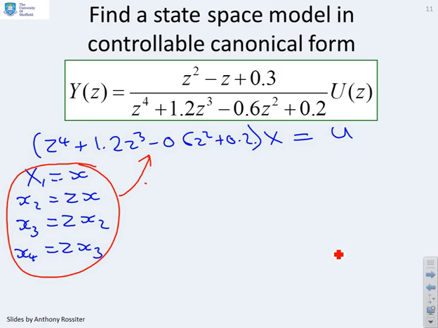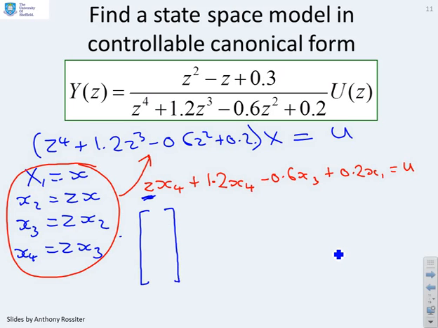So I've got zx4 plus 1.2 x4 minus 0.6 x3 plus 0.2 x1 equals u. So I've rewritten the equation in a form which now is first order. You'll see I've just got a single z in the equation, and I've got a single z in all the other equations. So now I can write my discrete transform like this.